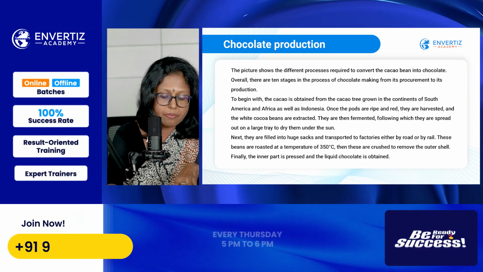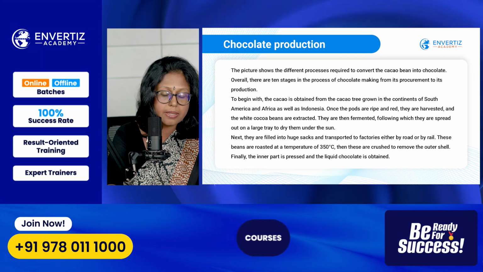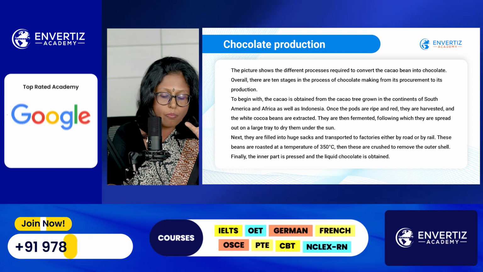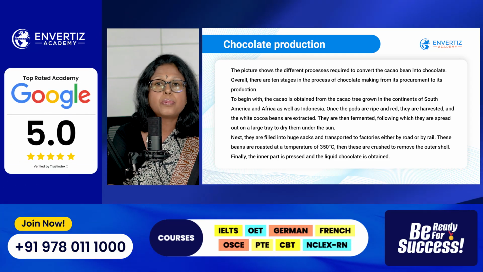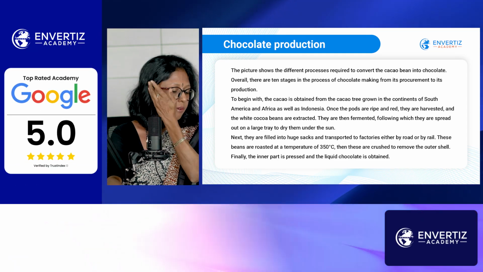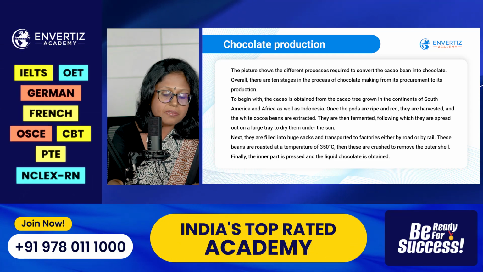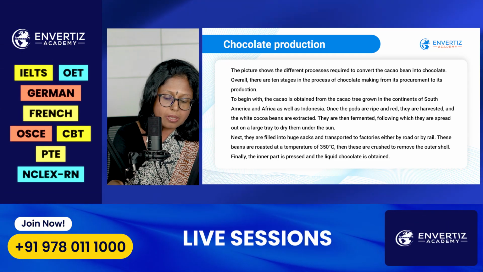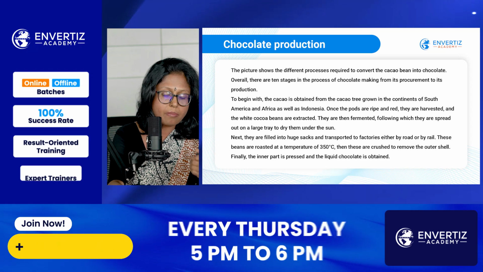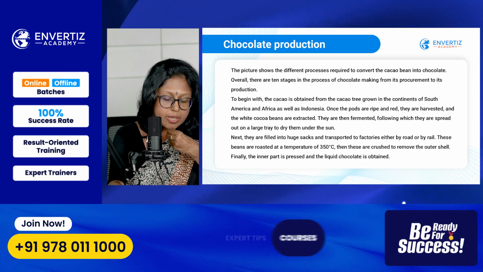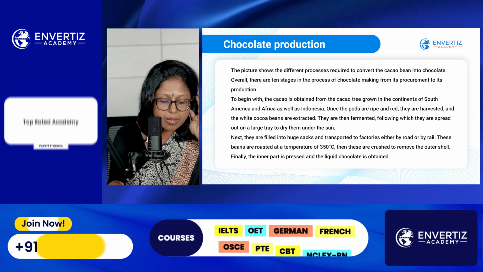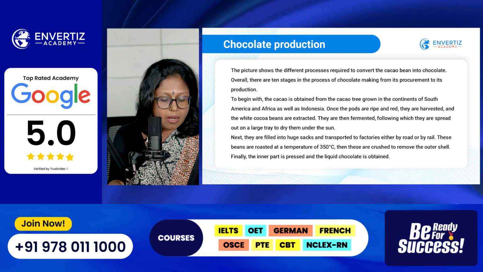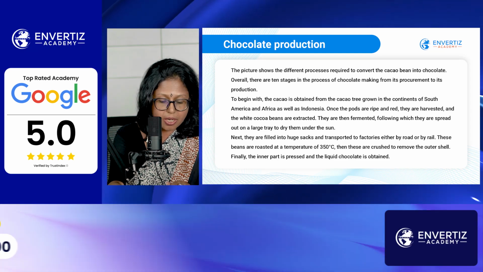Now that we have given a fair idea of the process in the introduction and the overall statement, let us proceed to the body paragraph. So the body paragraph starts with: to begin with, the cacao is obtained from the cacao tree grown in the continents of South America and Africa, as well as in Indonesia.